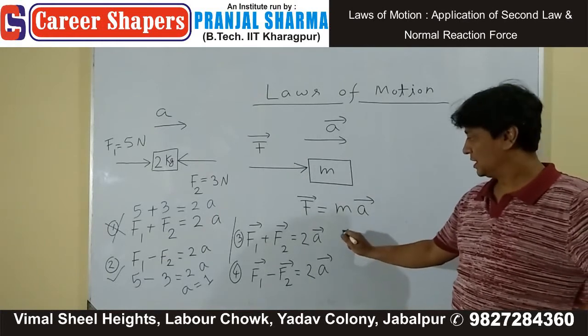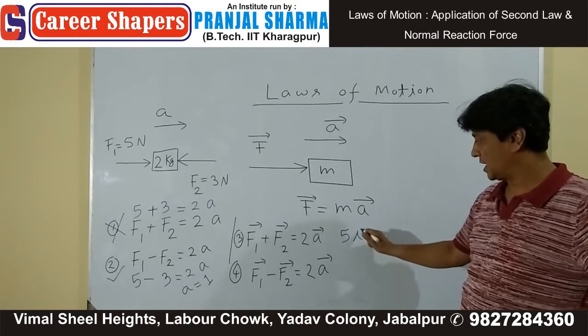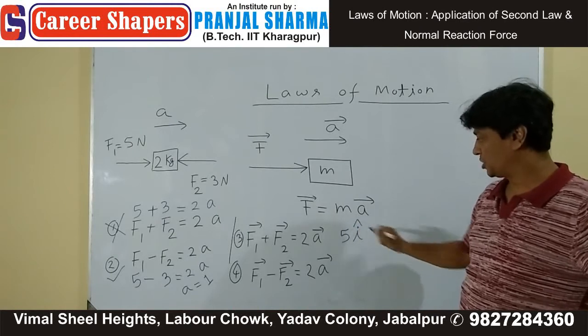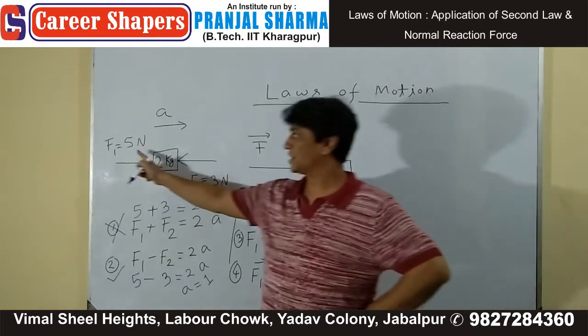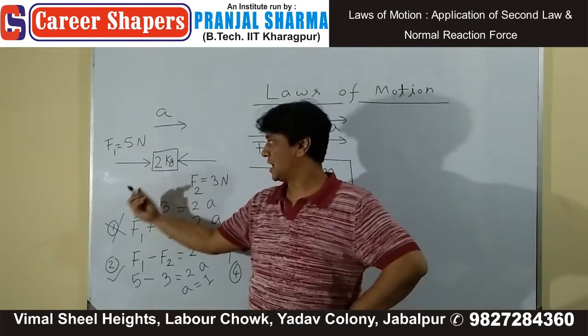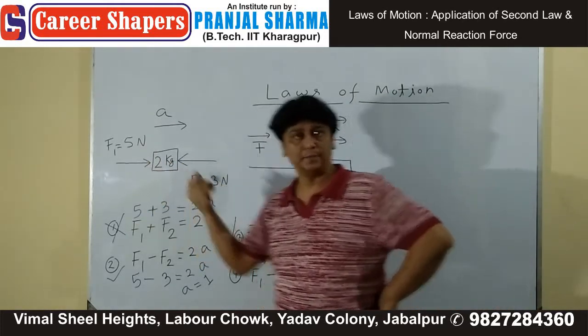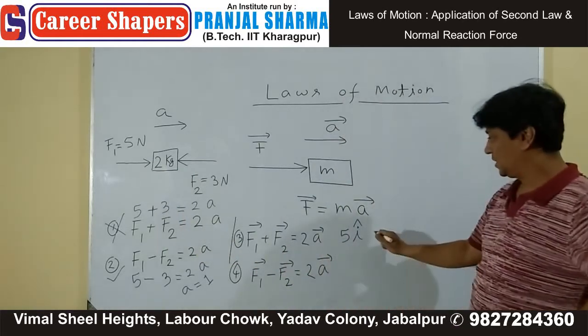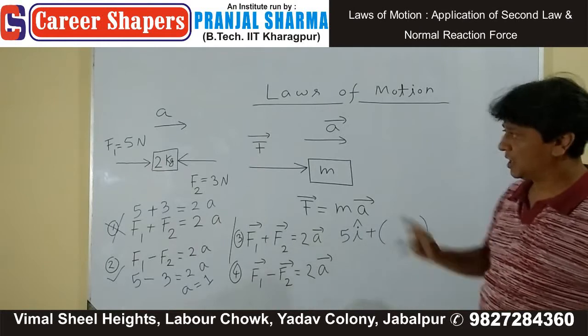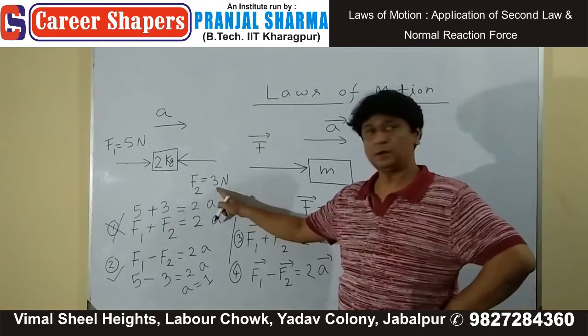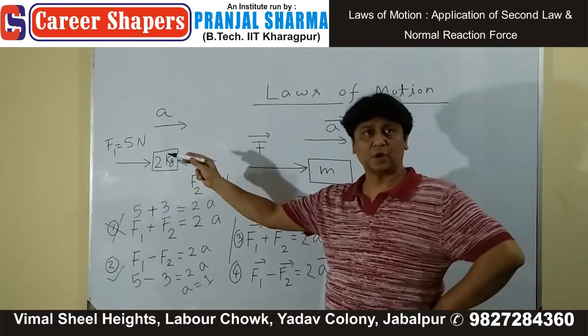F1 is 5 i cap. Especially look at this thing. F1, its magnitude is 5 and direction is what? i cap. Plus F2. F2 is 3 and direction is what?